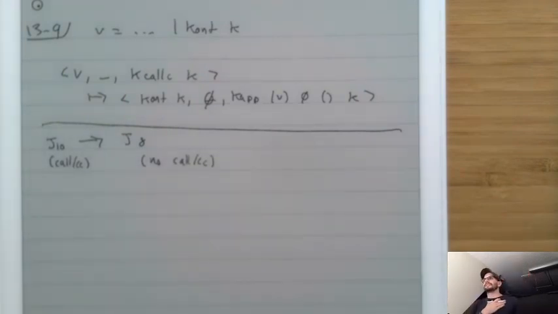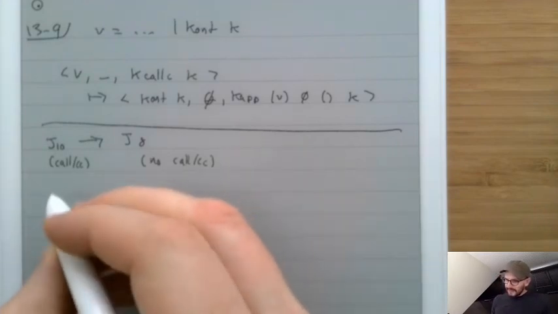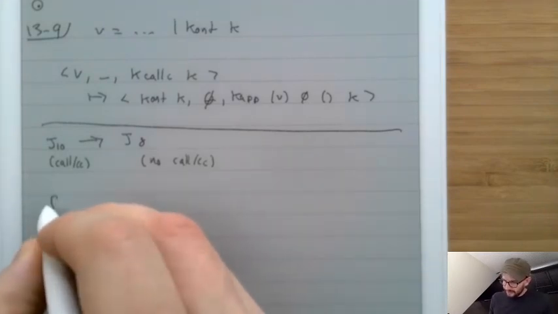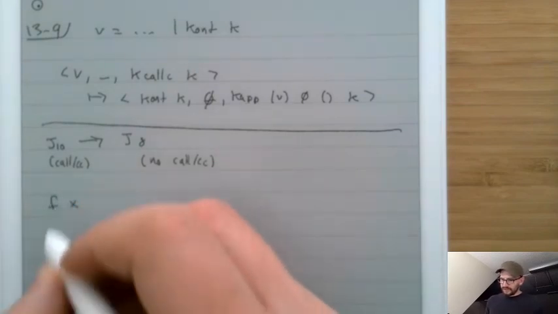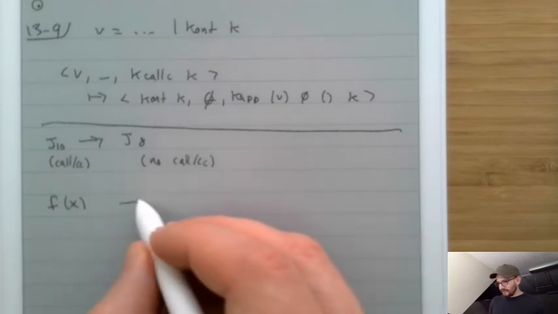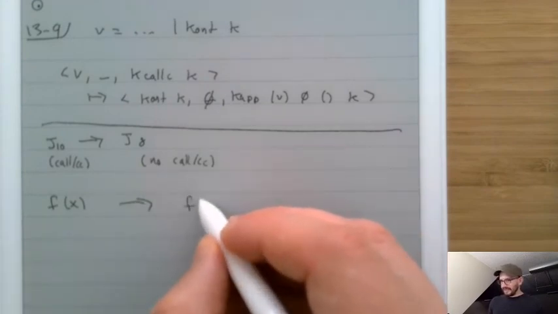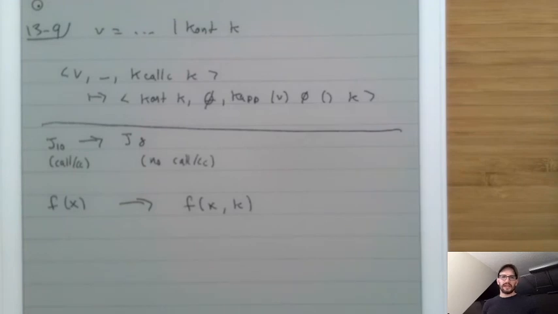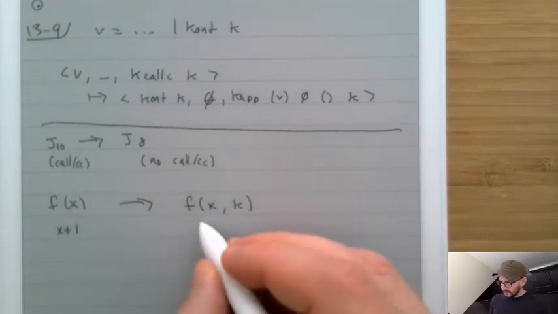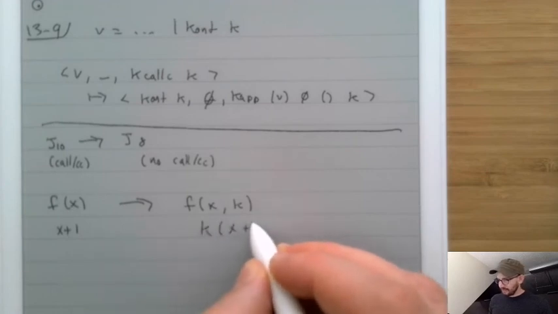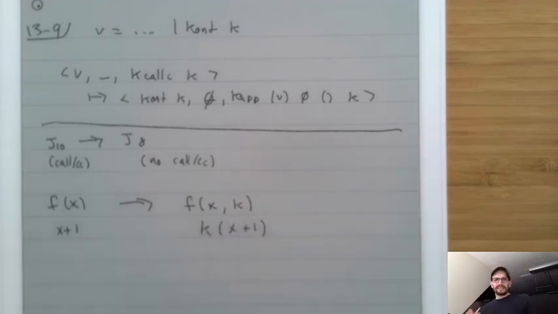The way that it works is, imagine we have a function f that takes x. We're going to transform that into a new function that takes an additional argument that we're going to call k, and that is the continuation. If this function before used to return x plus 1, this new function is going to call k and give it x plus 1. What we're doing is explicitly representing the control flow of the program.